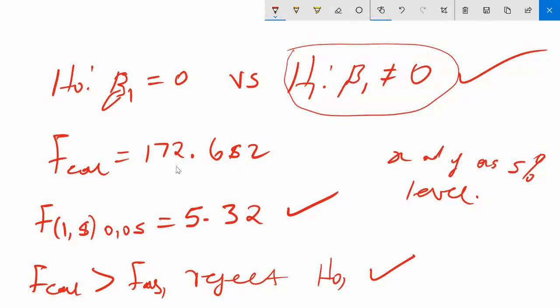So it's important when you conclude that you tell us there's a relationship between the response variable and the predictor variable. So there's a relationship between X and Y, but you are testing at 5%. It's also important because maybe at 10%, the conclusion is not going to be the same. So you must specify that at 5%, there is a significant relationship between X and Y.